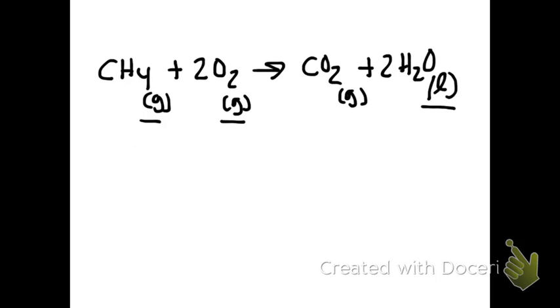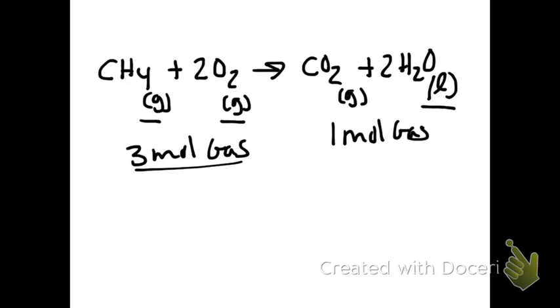Also, if you think about it, on this side we have 3 moles of gas, 1 mole from methane and 2 moles from oxygen, giving us 3 moles of gas, where on the product side we only have 1 mole of gas, and that's from CO2. So we're definitely creating a more ordered system, or delta S.